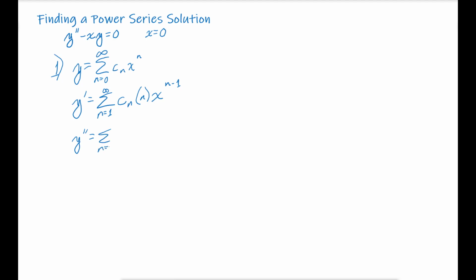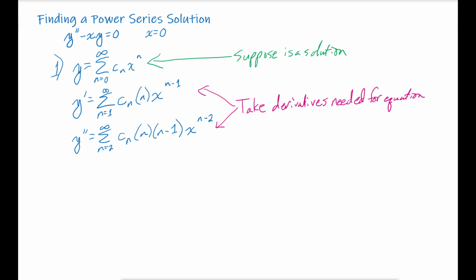This time my sum will start at 2 up to infinity, and we'll have c sub n times n minus 1 times x to the n minus 2. So just a really quick recap. We're going to suppose that y equals the sum from n equals 0 to infinity of c sub n times x to the n is a solution of our differential equation. And then we're going to take the derivatives that we need for our equation.